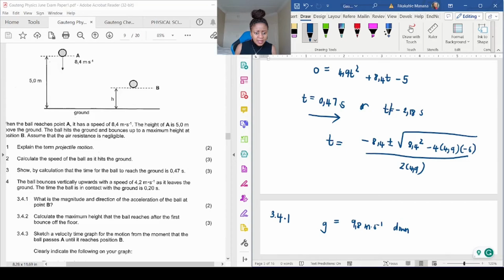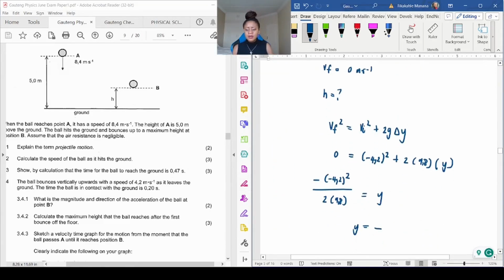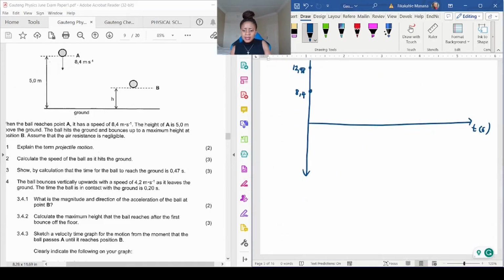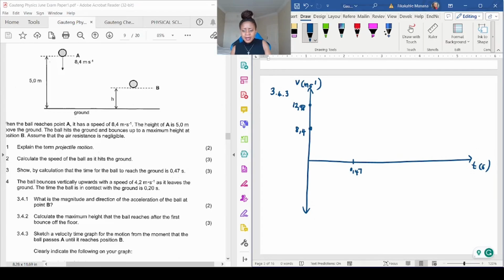Show by calculation the time to reach the ground. So I'm just going to say this is 0.47. We started there at time 0, and we were here at 0.47 seconds at 12.98. This is position A, and this is the ground.